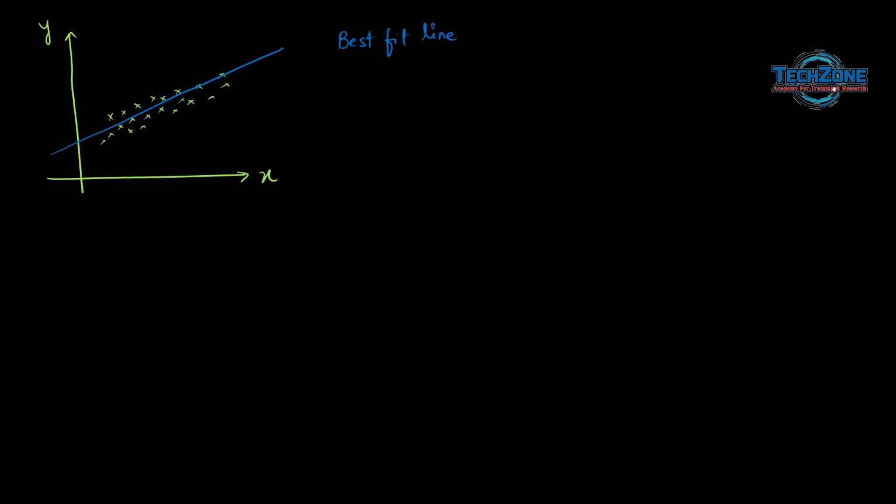See, let me draw the graph one more time. Let us say this is x, this is y. Let us say we have 2 points. I am explaining the error using 2 points, and this is the best fit line. Now the distance between the actual values and the predicted values: the point lying on this straight line is the predicted value, and this point is the actual value.